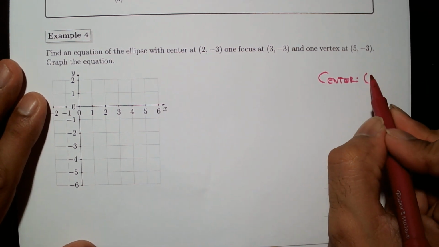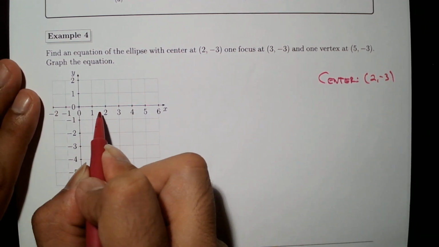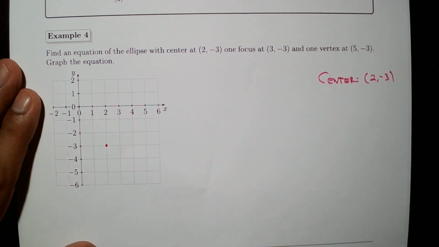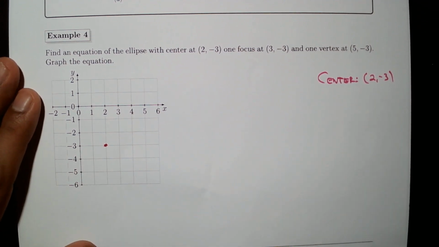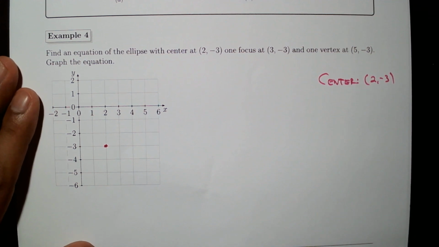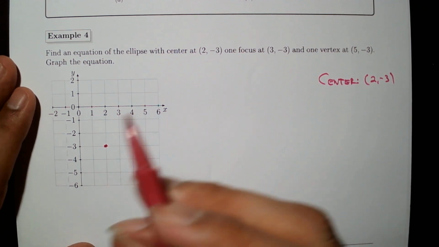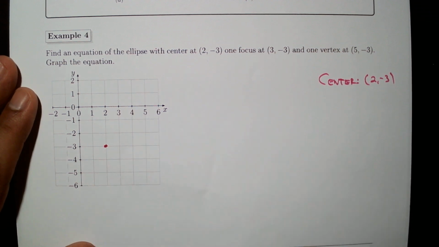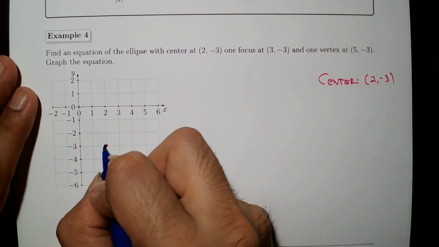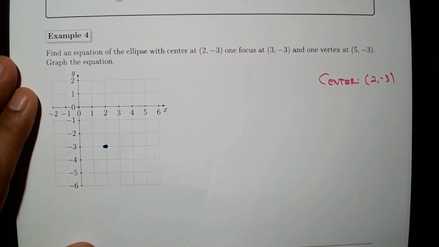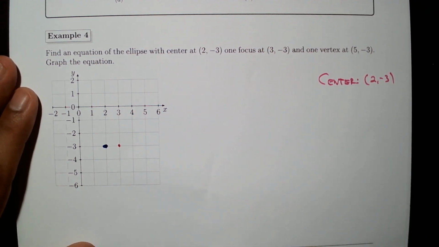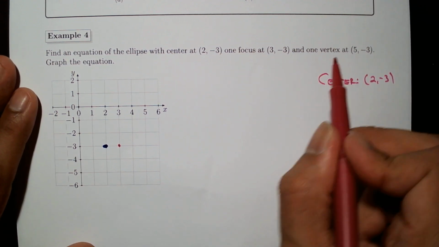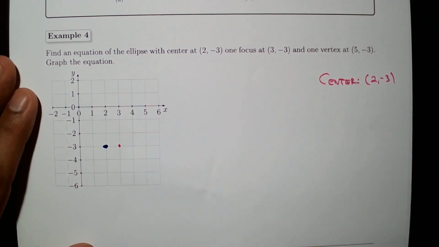Center is (2, -3). And one of the foci is at (3, -3). And one vertex is at (5, -3).